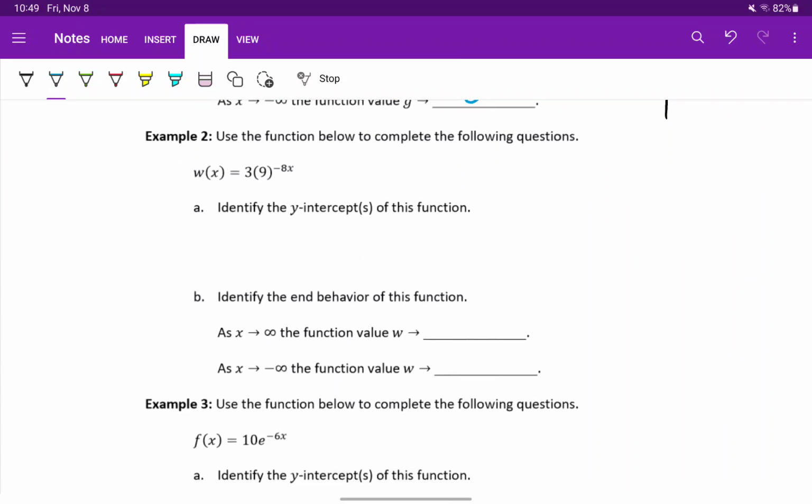In example 2, we want to repeat this process, but notice that what we have a little bit different here is a negative value for that growth rate. So negative 8 is less than 0, so this function would be modeling exponential decay.